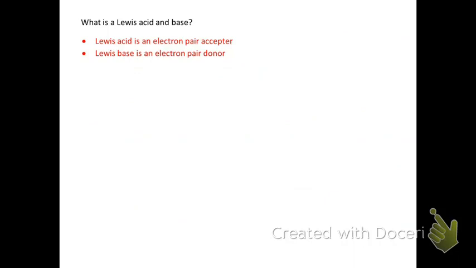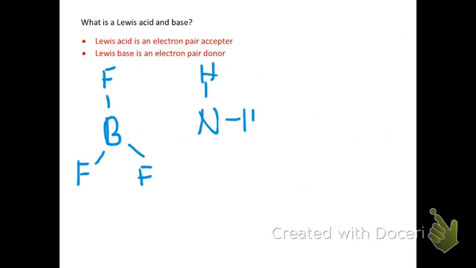NH4 plus. Now, another example would be like, let's do BF3 and NH3 here. NH3 is going to donate a pair of electrons to the boron, and the boron is going to accept it.